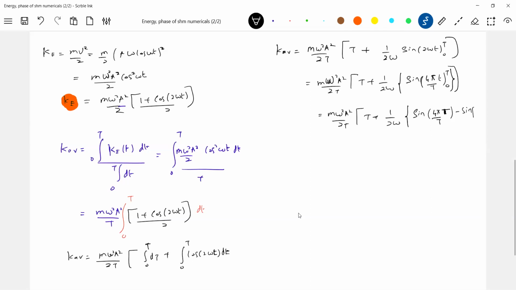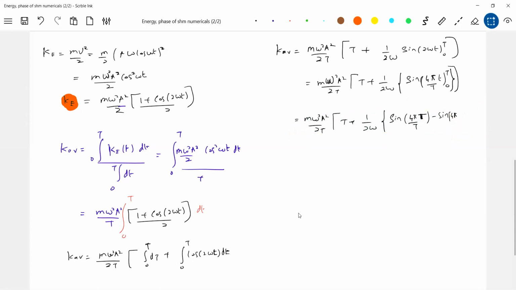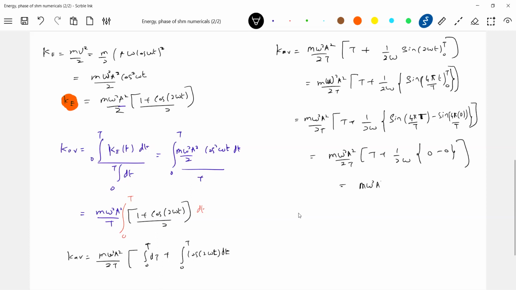Minus sine of... okay, I think everything will end up what? The sine 4 pi will be 0, sine 0 will be 0. So finally we'll end up with only the bracket 2, 1 by 2 omega. This will be 0 minus 0. Already one 2 is there, no? 2 2 and this will become 4, no?